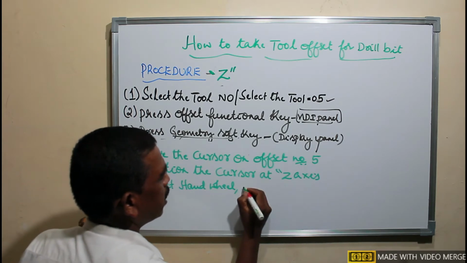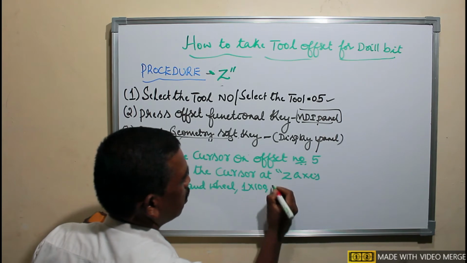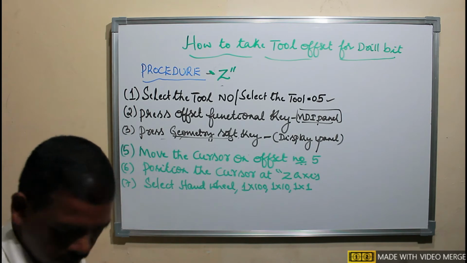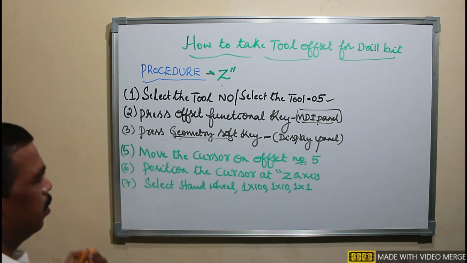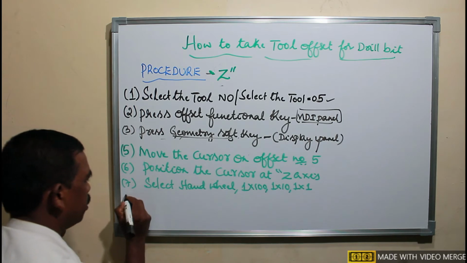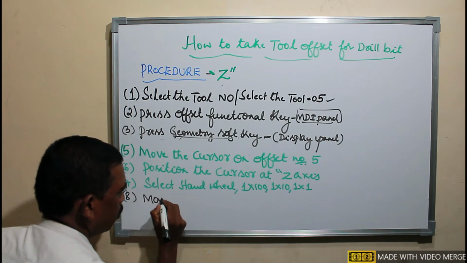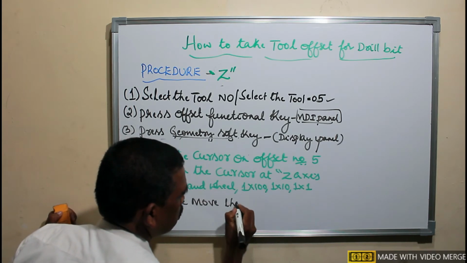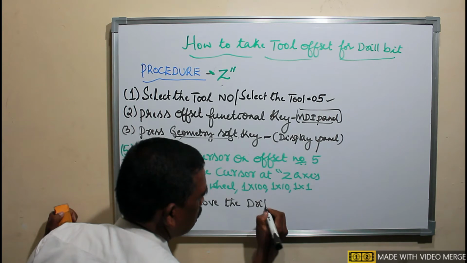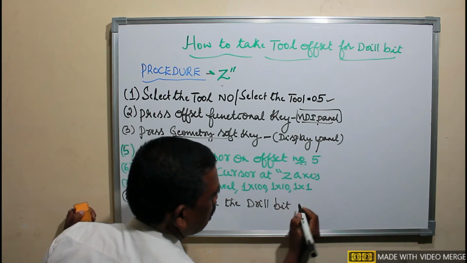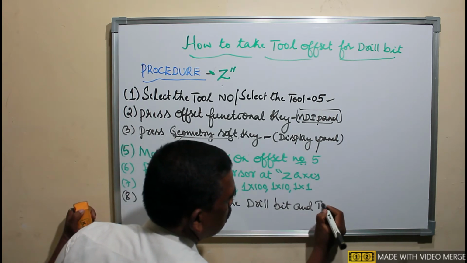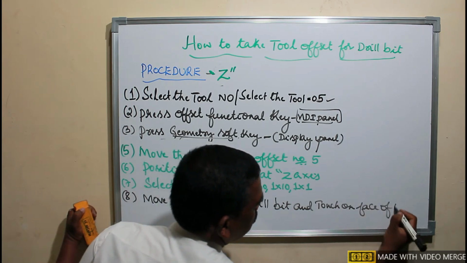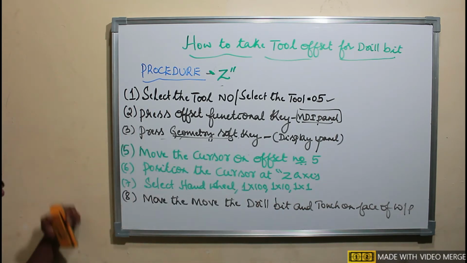and also select the feed into 100, into 10 microns, into 1 micron, and then move the drill bit and touch on the face of the workpiece.